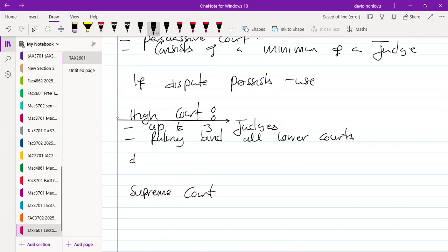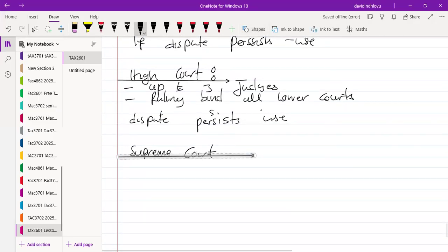Right, if the dispute persists, then we use the Supreme Court. Right, here the full bench sits. Rulings bind all the lower courts.